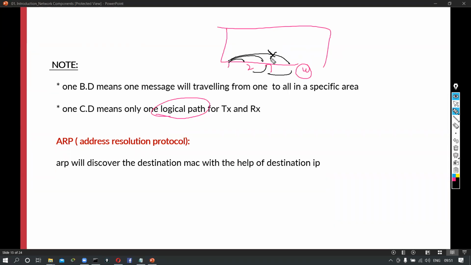Suppose this path is corrupted, then what will happen? It will send to this guy and this guy to this guy. One more path is there now. They will communicate. That means multiple logical paths will be created by the switch with the help of switch virtual circuits. These are nothing but switch virtual circuits.